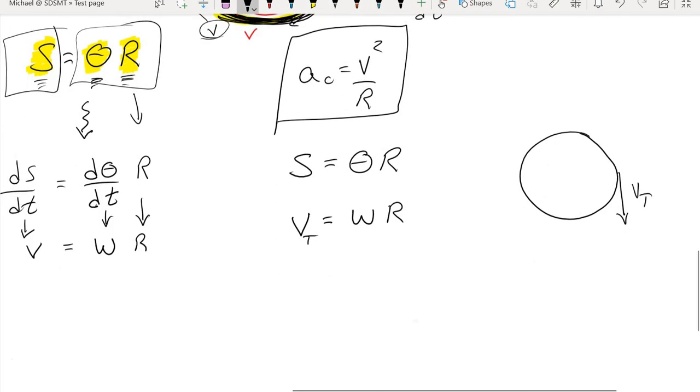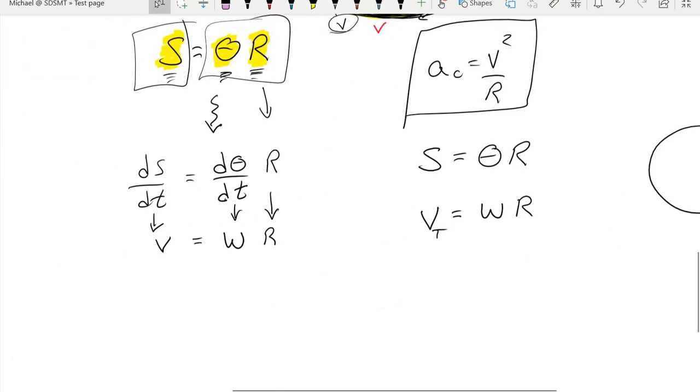Well, let's take it one step further. If we can take a derivative once, what happens if we take a derivative twice? Again, I want to keep the radius constant, so we'll take the derivative of our angular velocity.